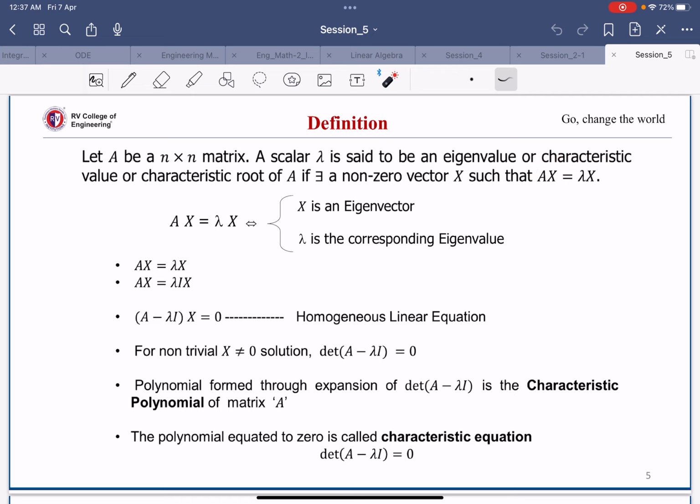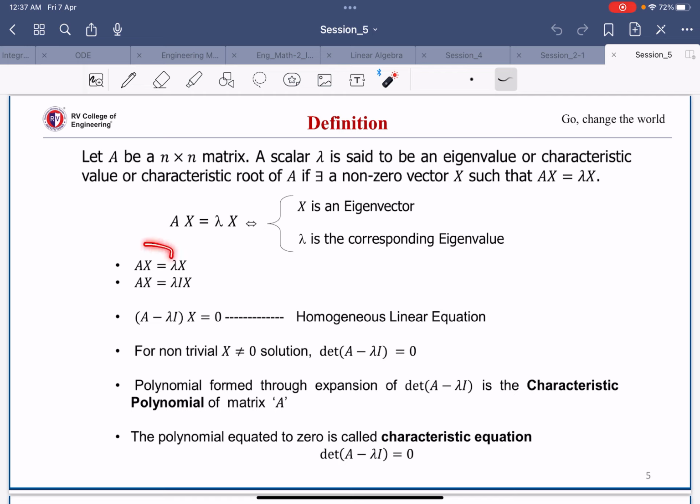We regard A as a transformation operating on the vector x. What we get is some constant times the vector itself, so the transformation preserves the direction of the vector. x is called the eigenvector, and lambda is called the corresponding eigenvalue.